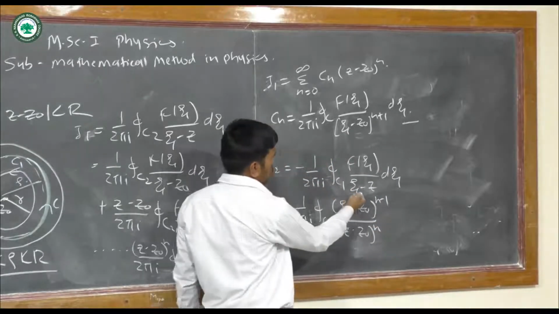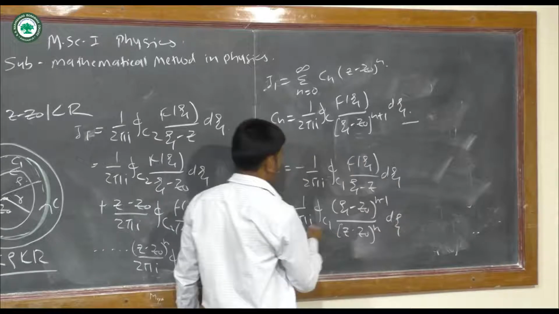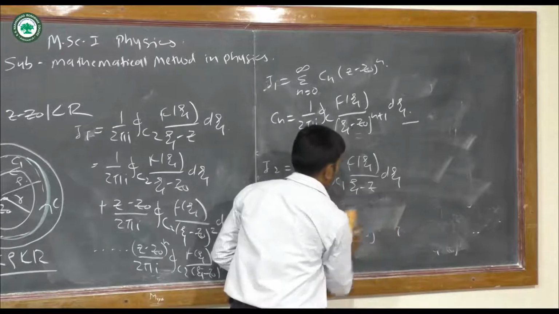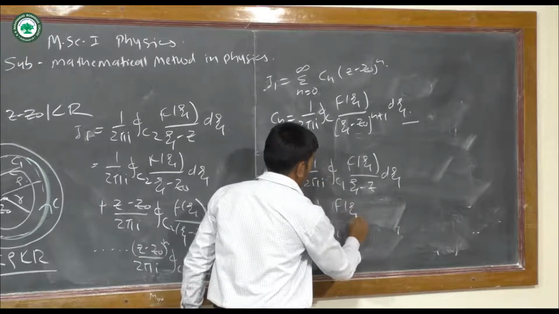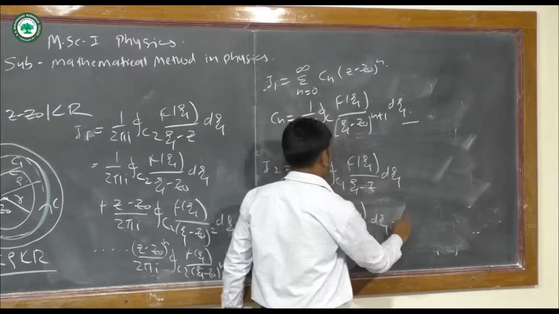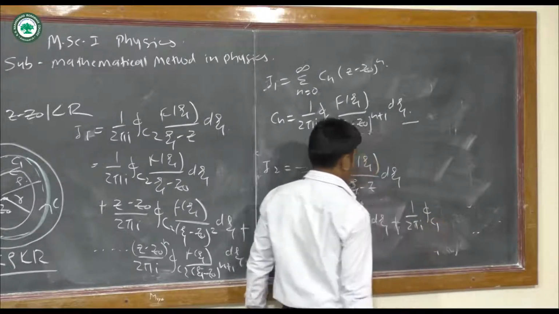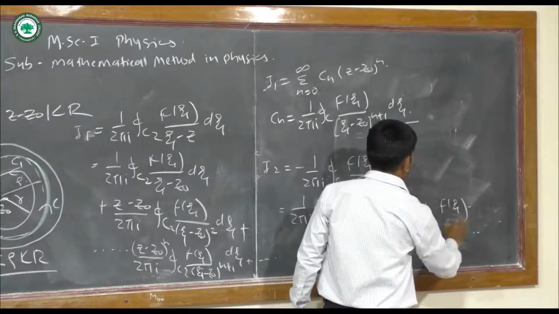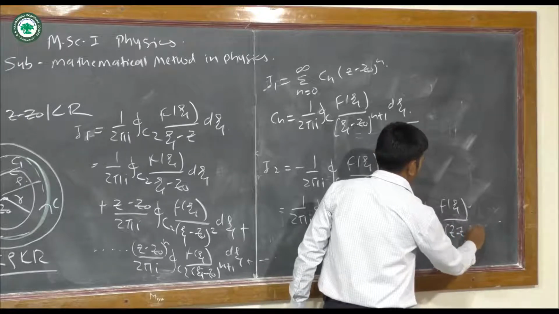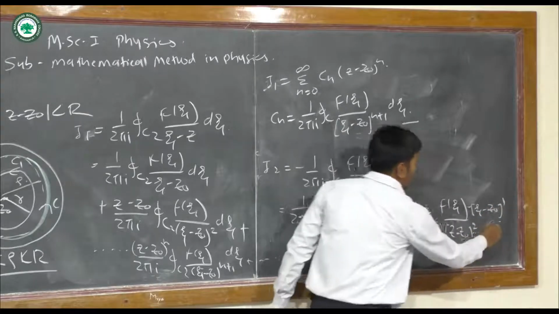If we put this psi minus z naught, here is the minus sign. We can write these things for the n terms. So it is f of psi divided by z minus z naught, d psi, plus for the second term, that is 1 by 2 pi i closed integral over C1 of f of psi divided by z minus z naught square, and here is psi minus z naught to the power 1 into d psi.